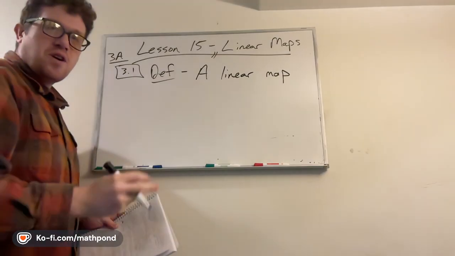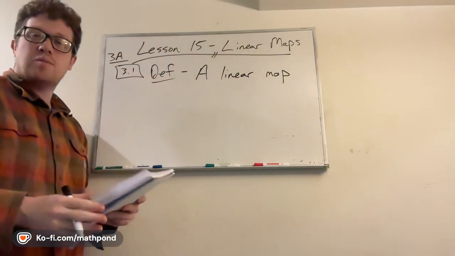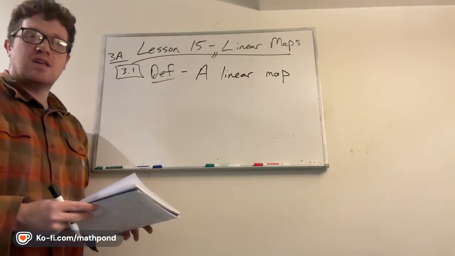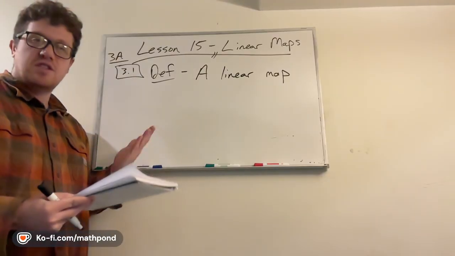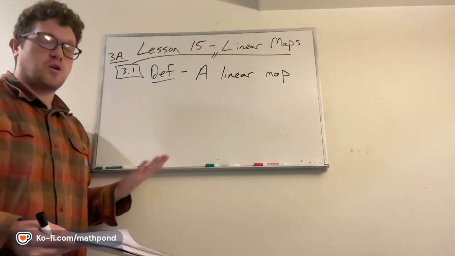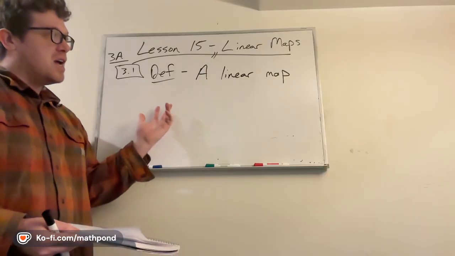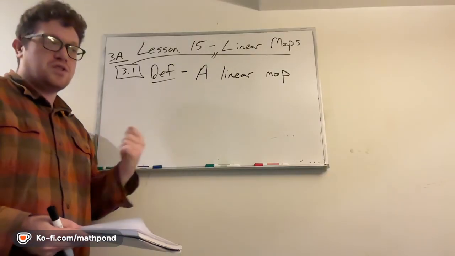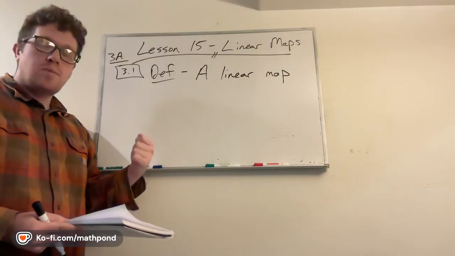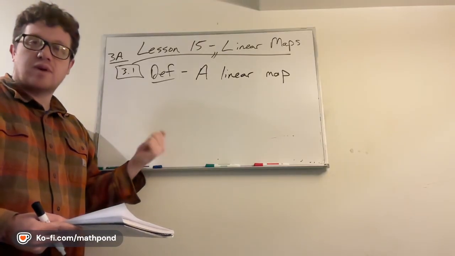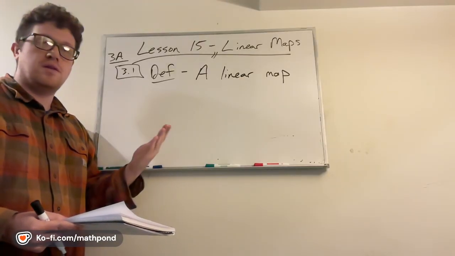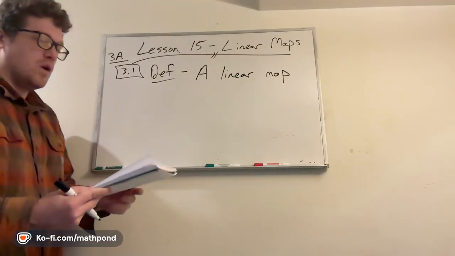and if anyone watched the group theory videos from the beginning, a group homomorphism is a similar type of map, but in that case we just had a group operation. In this case we have two operations, which is the group operation on the vector space, but also the scalar multiplication. So both of those need to somehow be preserved with this function.